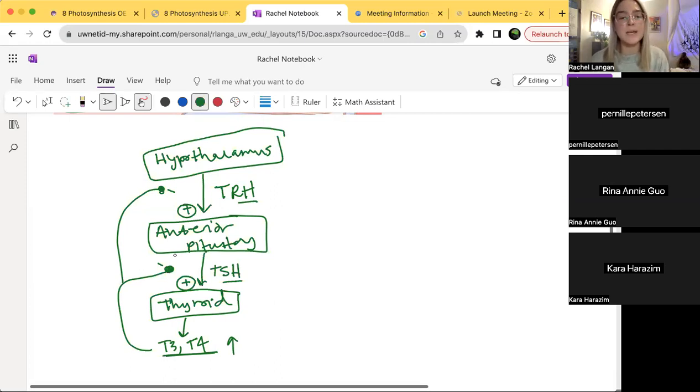And so you can expect or imagine test questions where we say, what if we decrease TRH, or we decrease TSH, or we inhibit this pathway? What would the results be? So you should be able to predict changes to this pathway.